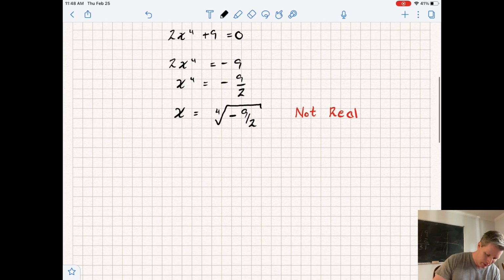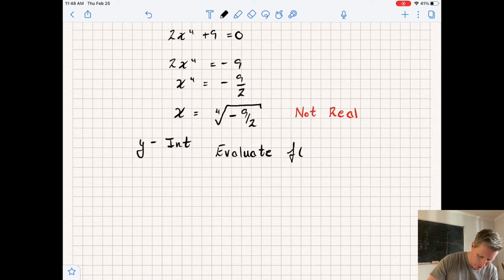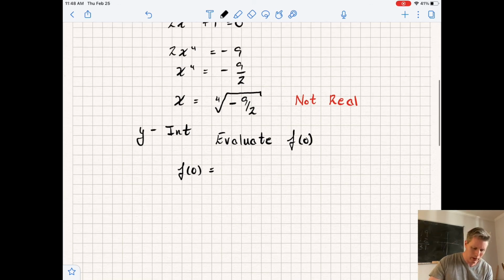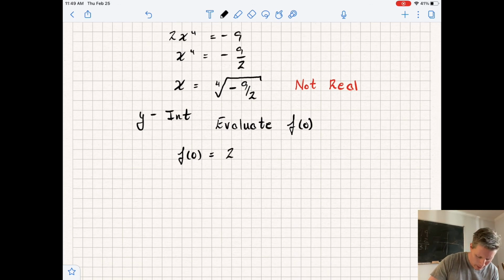Now I want to test for any y-intercepts. To do that, I'm going to evaluate my function when x is 0. In other words, I'm going to evaluate f of 0. Well, f of 0 is going to be 2 times 0 to the 4 plus 9 all over 0 cubed.